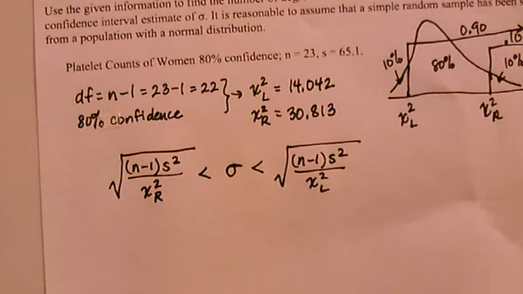That's square root of n minus 1 times s squared divided by chi-square right less than sigma and less than n minus 1 times s squared divided by chi-square on the left, and all that's underneath the square root symbol.